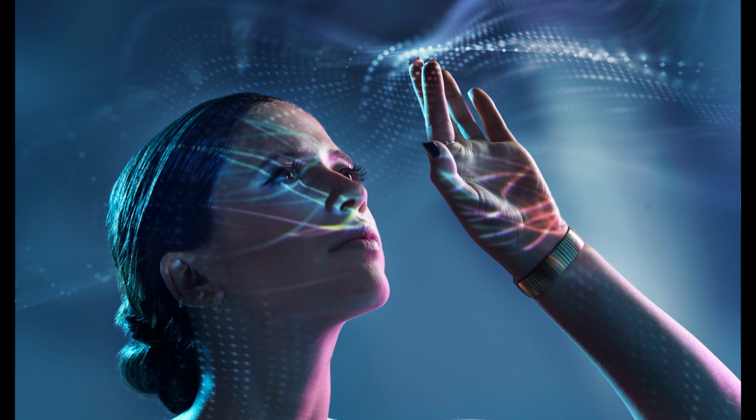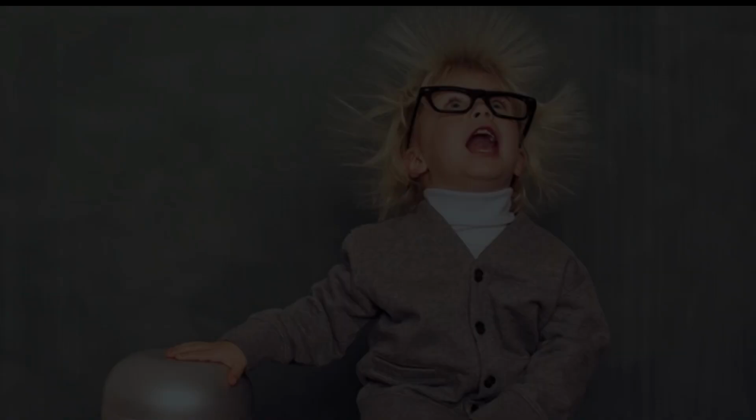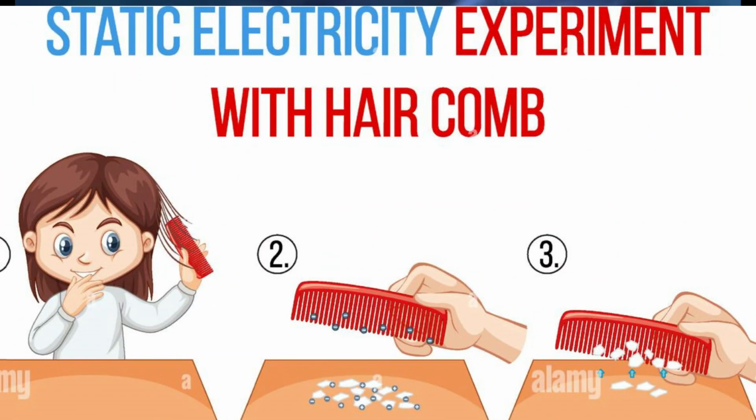One example is if you rub a pencil on your hair and then try to attract small strips of paper, the strips of paper will stick to the pencil because of the electrostatic charge, or the static electricity.